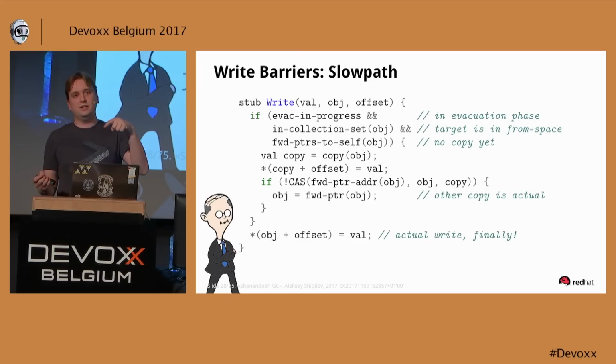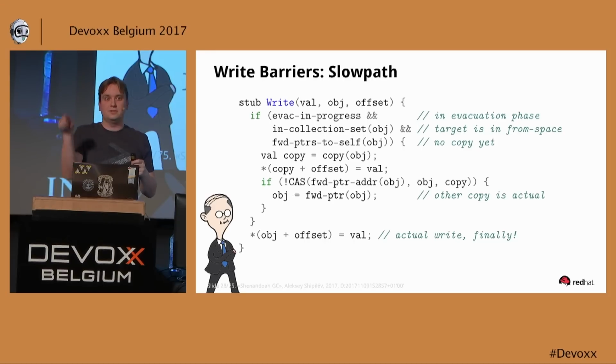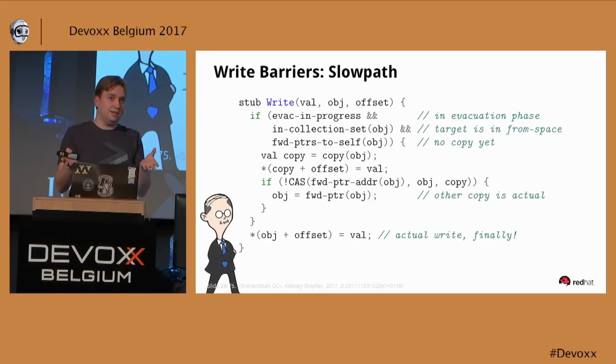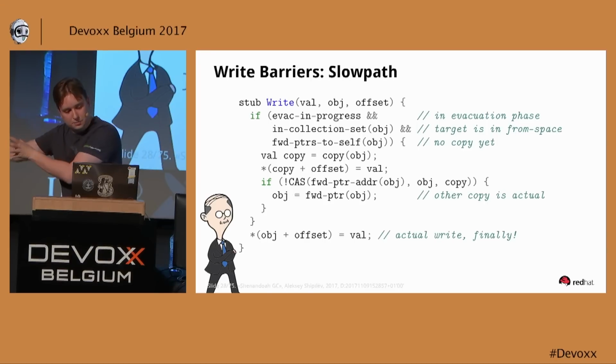The object that we are trying to write to is in the from space, and it has not been copied yet. So that means that the forwarding pointer still points to itself. If we are trying to write to that object, that means we have to evacuate it first, because we can only write to the actual to-space copy.